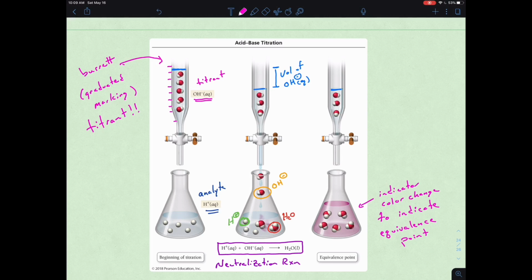From this idea of the volume, we started up here and now we're here. So here is the volume of OH minus to reach the equivalence point. I now know the volume of that hydroxide and I know the molarity of that hydroxide, so that means I know moles of OH minus.